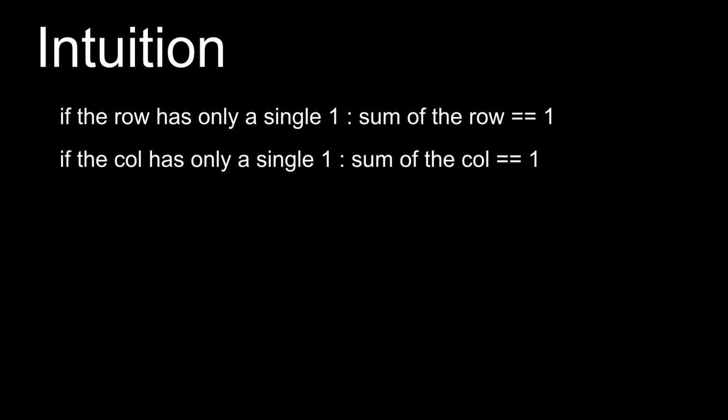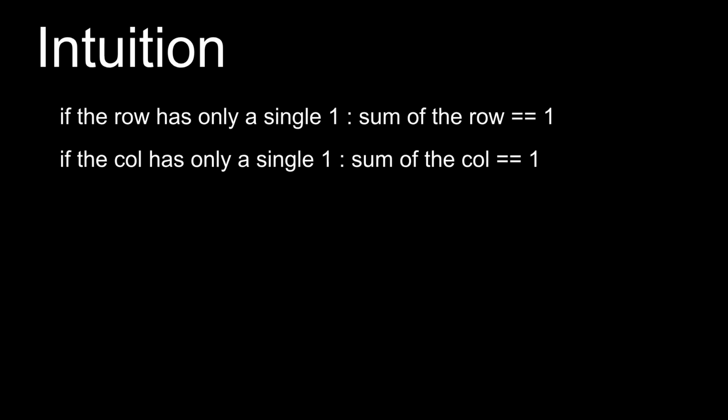So let's deep dive into the intuition behind the solution. In a special position, in that row there is going to be a single one. So the summation of all the elements in the row is going to be 1, and the same for the column, the summation of the column is going to be 1, right?